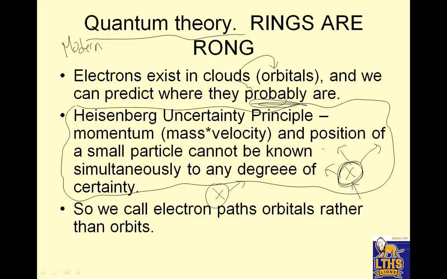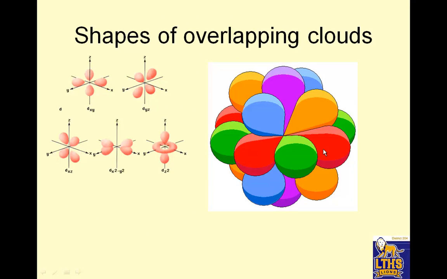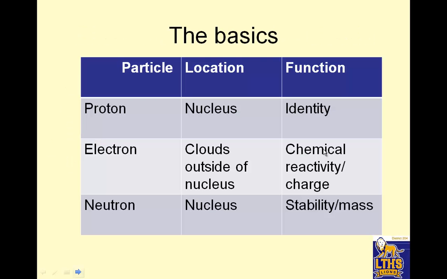It's a proof, yay, proofs in geometry, that you can't know with any degree of certainty where something is and where it's going. So we call electron paths orbitals rather than orbits because they go in kind of these crazy ways. These are just shapes. You don't need to draw those, but just so you can see that they are not, look at that, that's not a circle, is it? No, it's a donut with a little doodad and a hoopy-doo on the bottom.